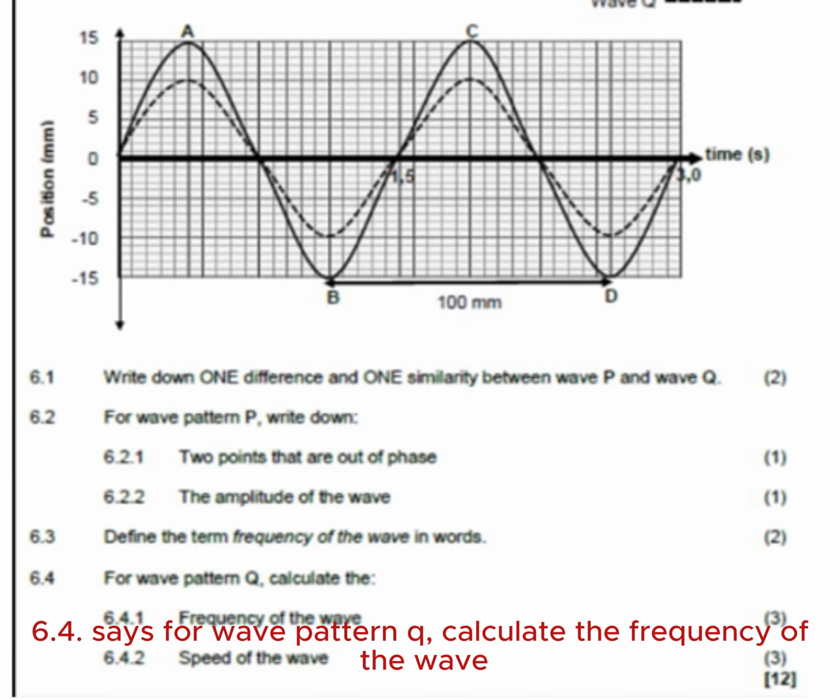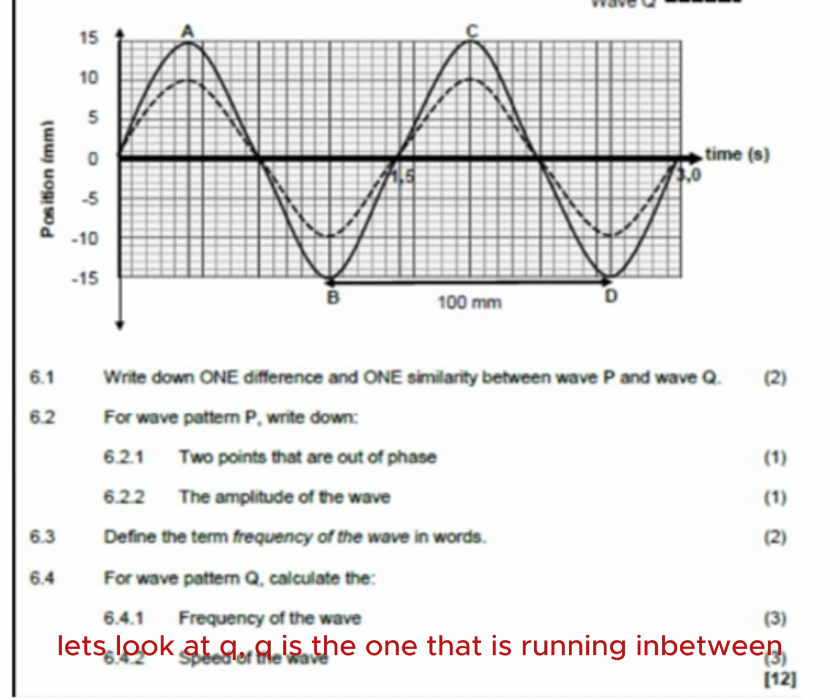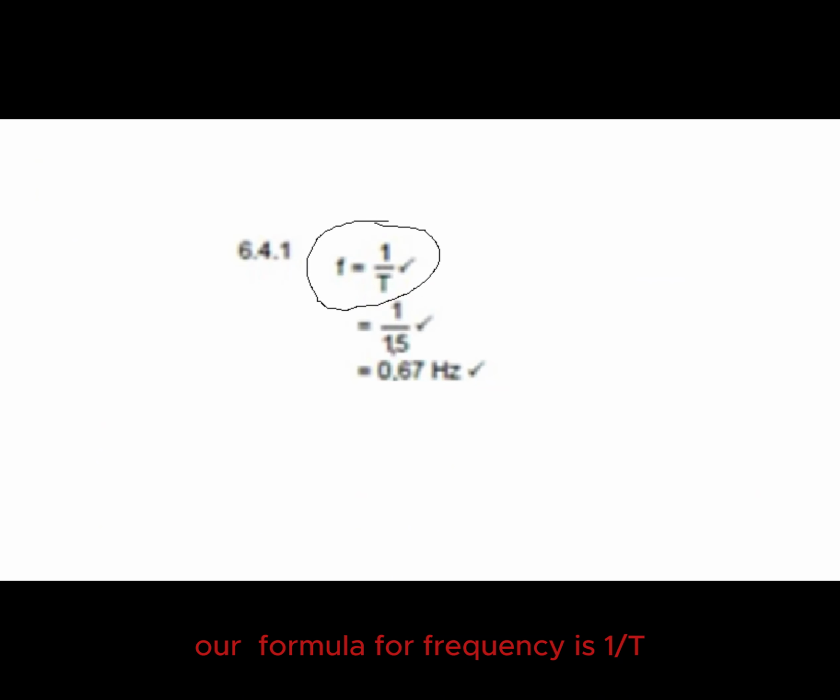6.4 is for wave pattern Q: calculate the frequency of the wave. Let's look at Q. Q is the one that is running there in between. Remember we use one complete wave or one complete cycle. So here we're looking at this point. Remember our formula for frequency is f = 1/T.